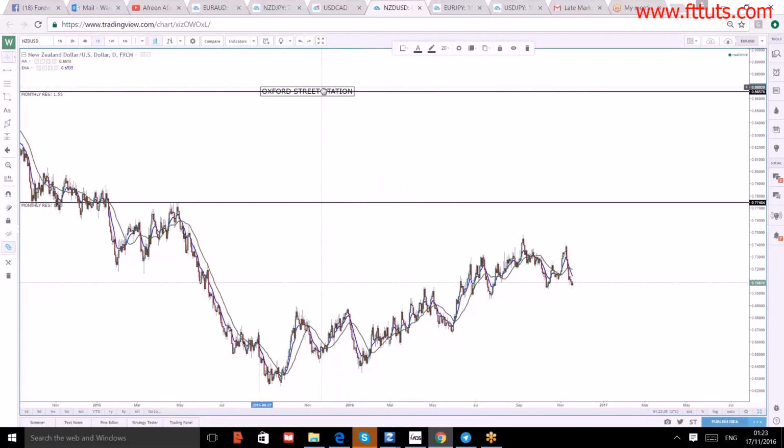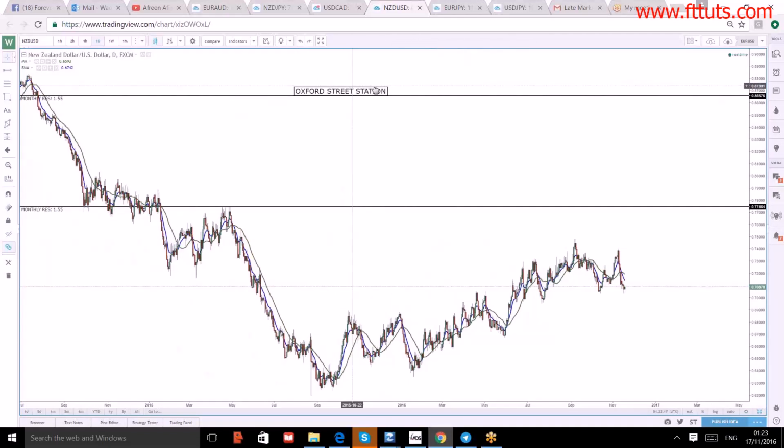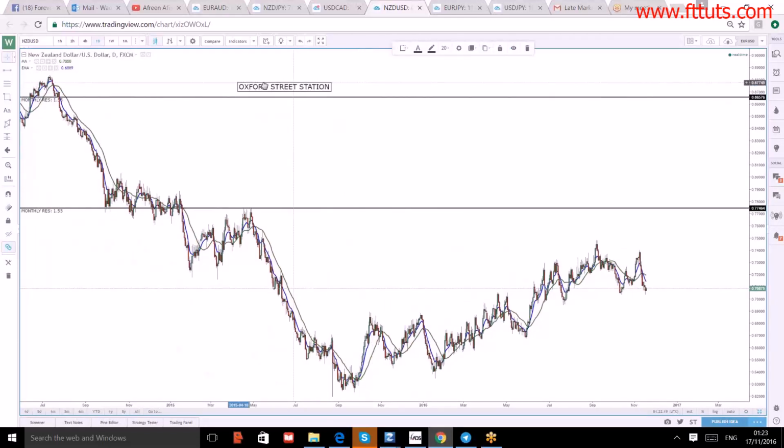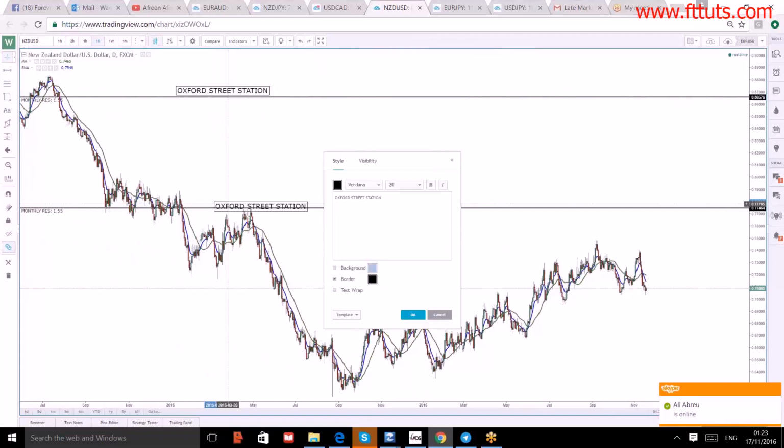So consider this horizontal resistance line as Oxford Street Station. Does everyone understand? Okay, now, second, this is your Holborn Station, guys. This horizontal line is your Holborn Station. Another famous station, where the London School of Economics and Political Science, one of the world's biggest economics universities, is right there.